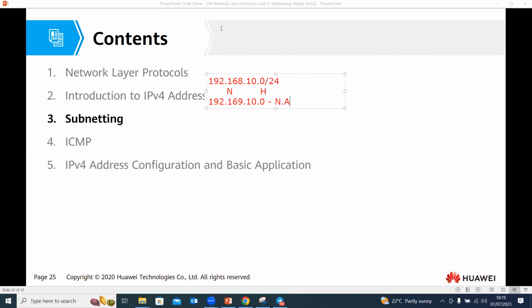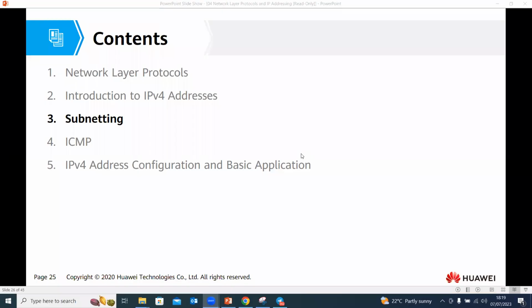Someone said they are not seeing my screen. Let me stop sharing and reshare again. Can you guys now see my screen? Someone says yes. Dale, it should be your network, if your screen share is loading.